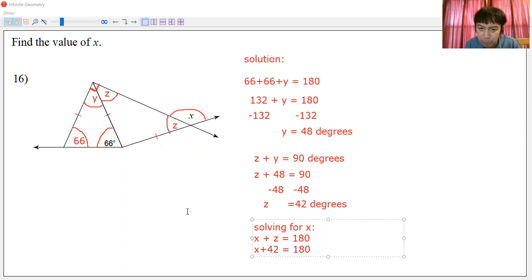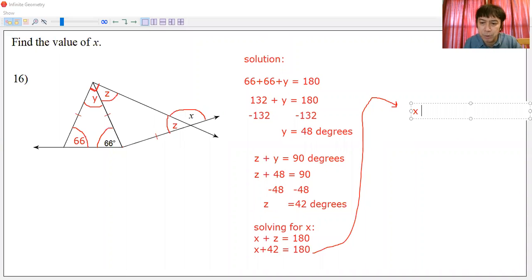Let's continue over here. We have x plus 42 must be equal to 180. Then we subtract 42 from both sides, minus 42 and minus 42. X is obtained.